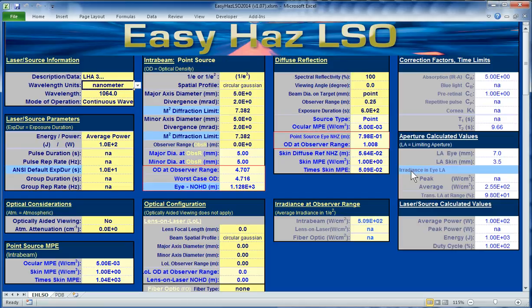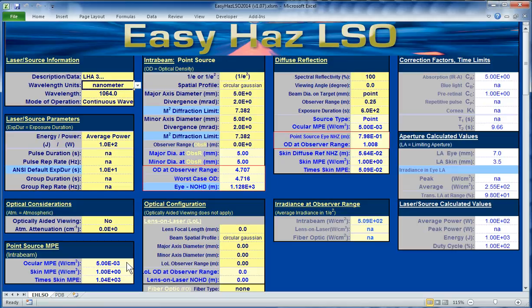The average irradiance in the limiting aperture for a 100 watt YAG is 255 watts per square centimeter. The MPE is 5 milliwatts per square centimeter, hence we have a pretty large OD value. Notice that this is about twice the MPE of a visible laser at 2.55 milliwatts per square centimeter.